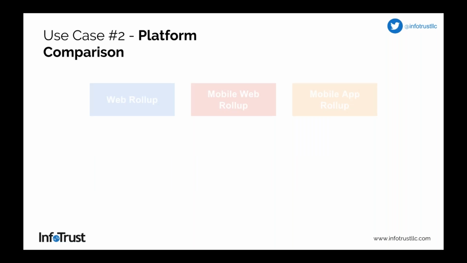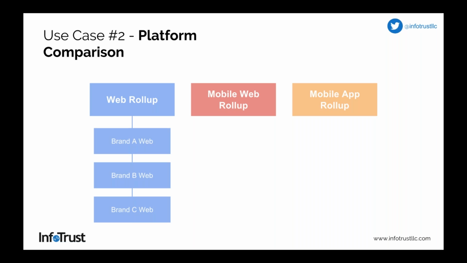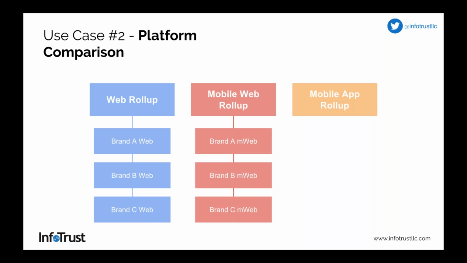A platform comparison. So we talked about this a little bit, but this would be basically comparing things like your websites to your mobile websites to your mobile apps. Even if you have something like OTT apps, so Apple TV, Roku, Amazon Stick, or something like that, those can all be compared. And so for this, you might have all of your different websites rolled up into just a web rollup, all of your mobile websites into one rollup, and the same thing with apps.